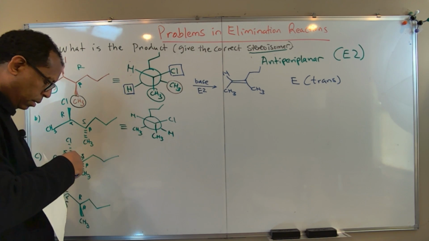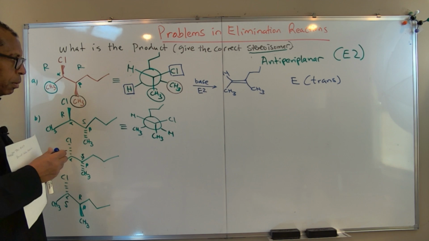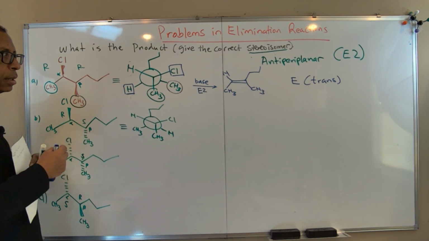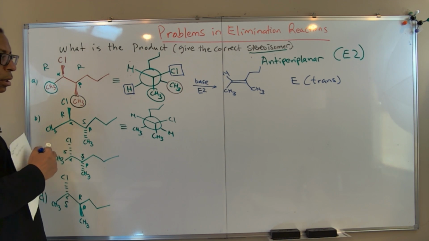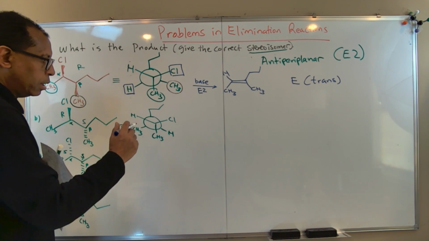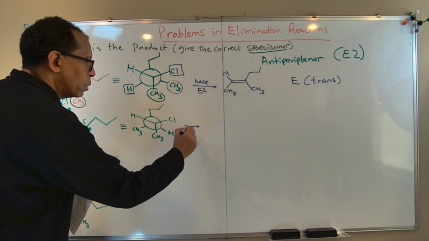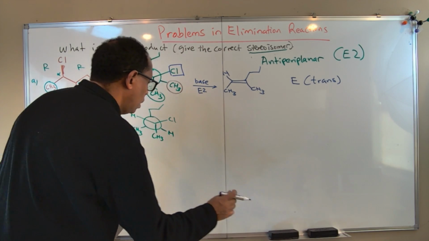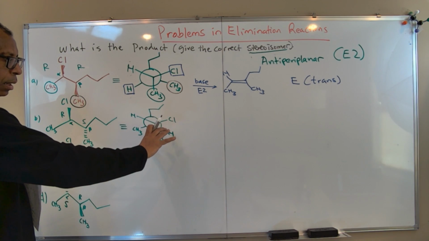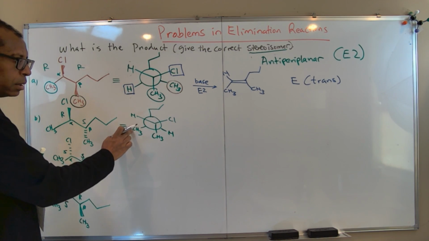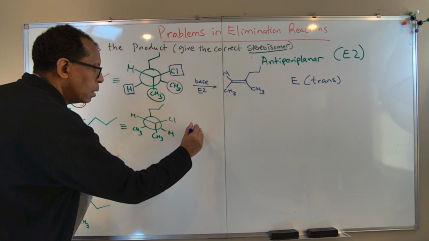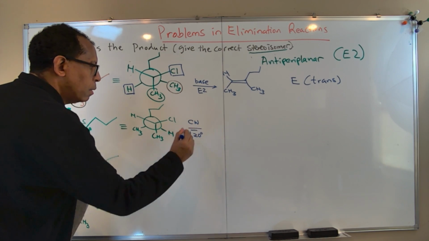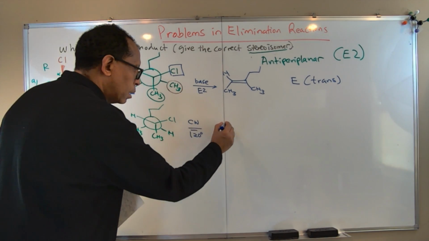The rotation would be, because it's not aligned up now, you need a hydrogen and the halide, like that. So I would rotate the back, clockwise, by 120 degrees, which would give me this Newman projection.